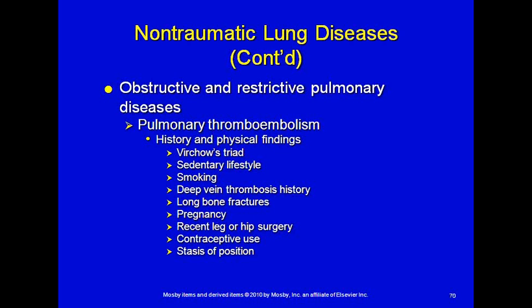Virchow's triad refers to things like a sedentary lifestyle, hypercoagulation, a history of hypercoagulation, and damage or injury to the lower extremity. If you've got those three things, that's a prime set of conditions that increase your risk of developing a DVT.